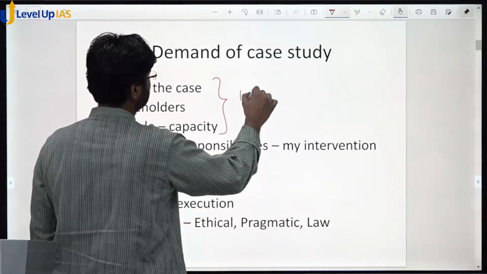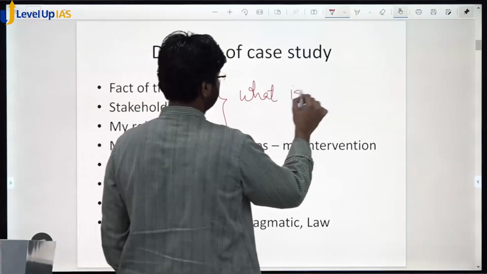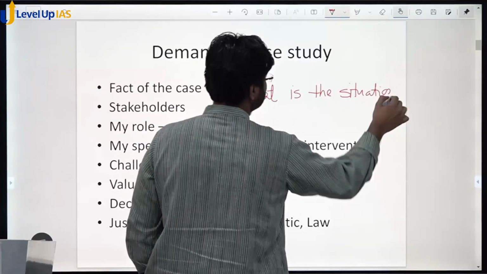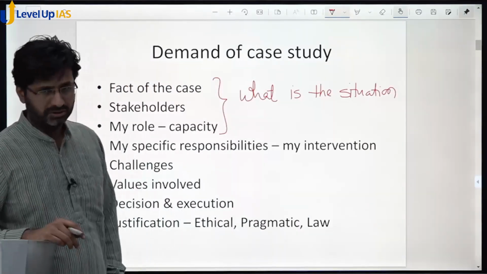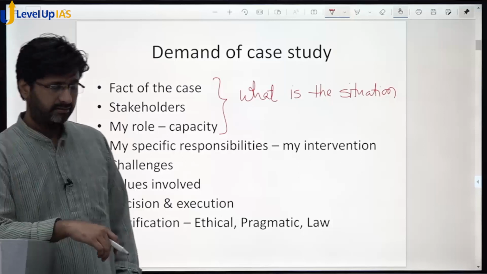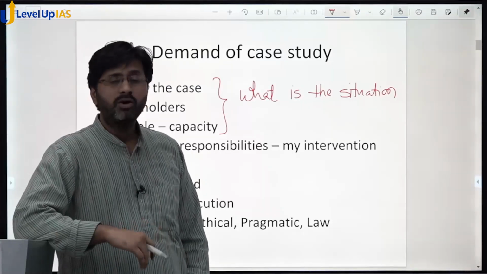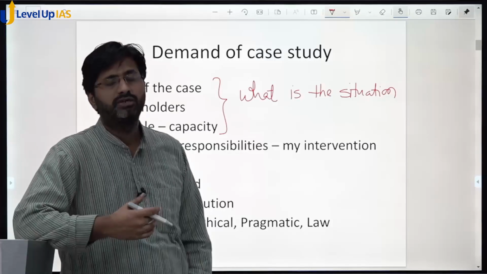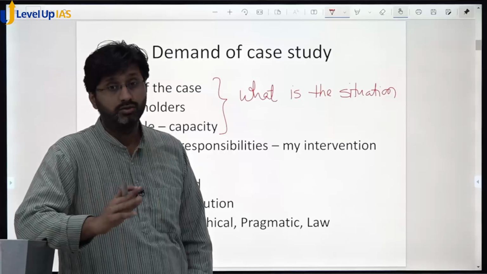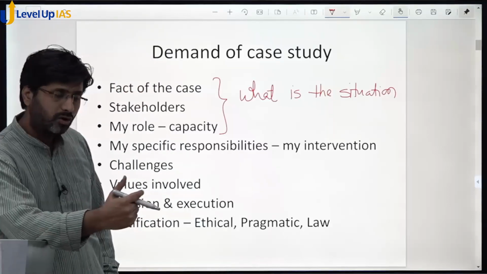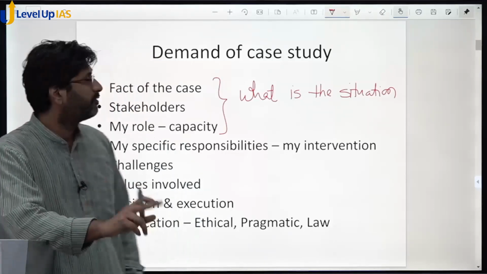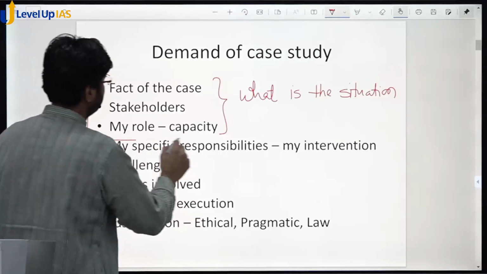That is, what is the situation, but not as it is exactly mentioned in the question or in the case, but in what way you have read it, in what way you are reading it, vis-a-vis your efforts towards solution. तो आपको उसको सॉल्व करने के कंटेक्स्ट में आप उसको कैसे देखते हैं वो देखना. That is what the first thing is that you need to understand.